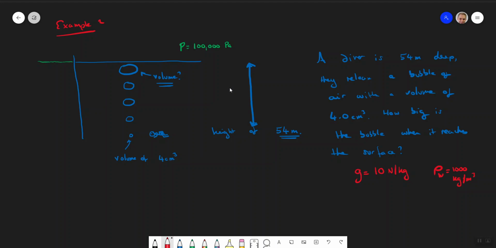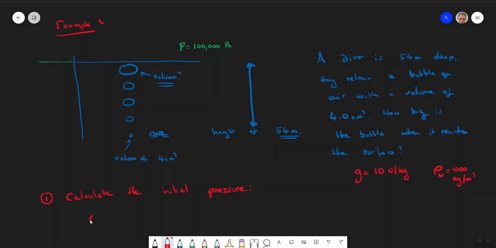So, nasty, isn't it? So step one, we've got to calculate the initial pressure.